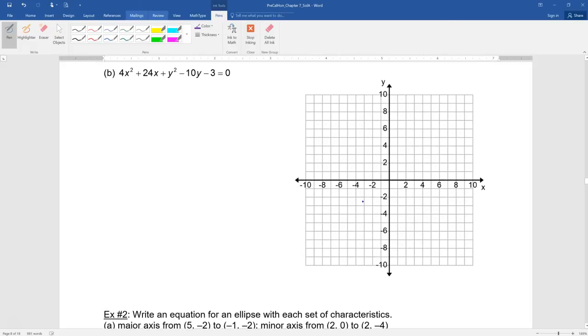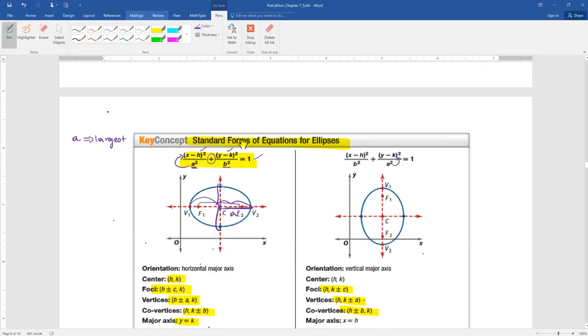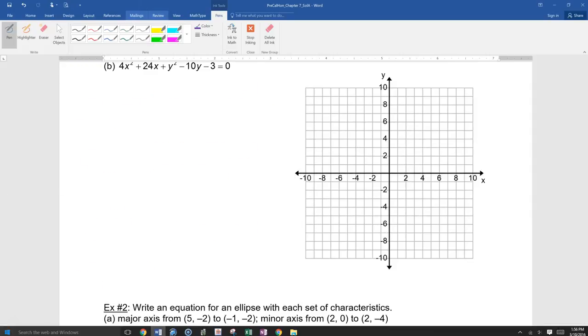Okay. Now, what do we got here? This is just completing the square. We're going to complete the square. So we're going to take out the 4 only in the x terms.